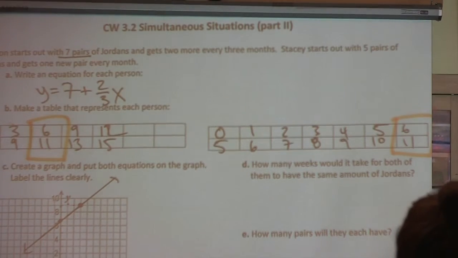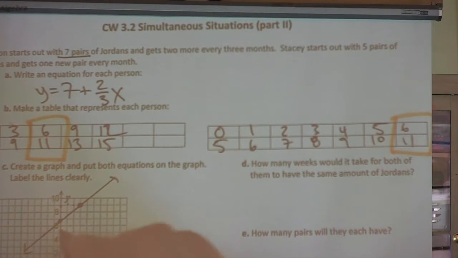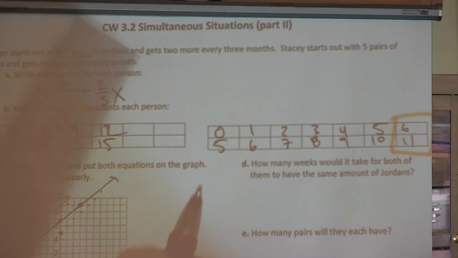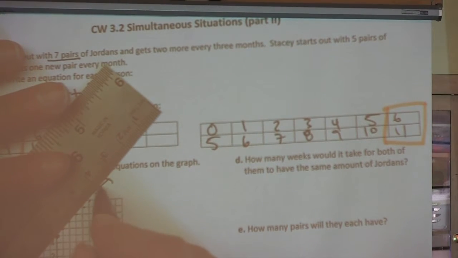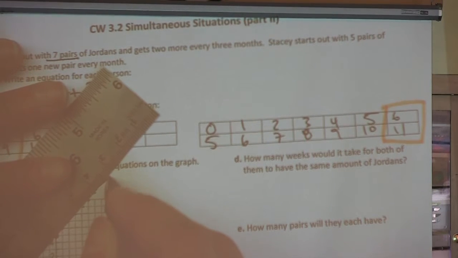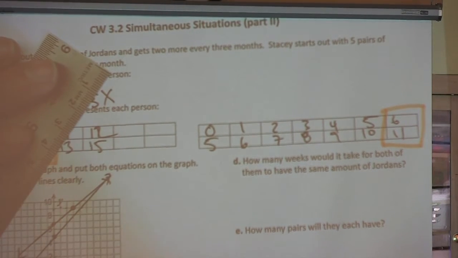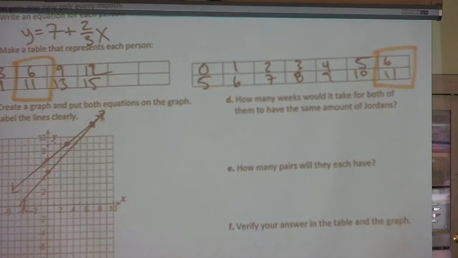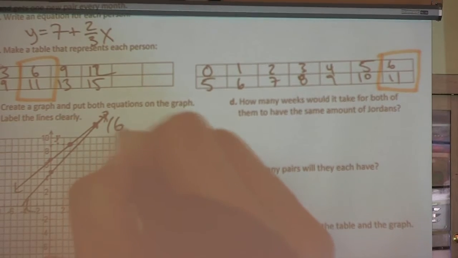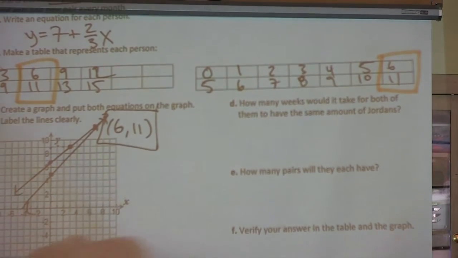If I put it on a graph, it starts at 5, goes up by 1. Where will they cross? It should be the same point on the graph. It's the point 6, 11. It's the same in the table. It's the same on the graph. When we start solving systems using algebra, it'll be the same that way too.